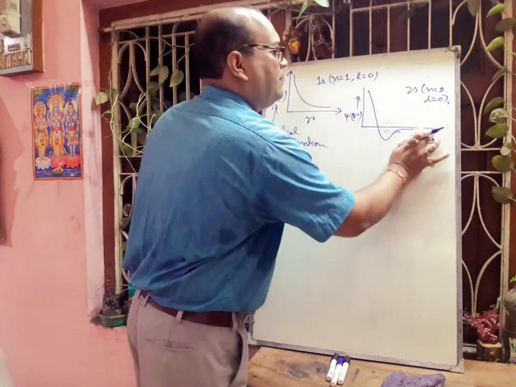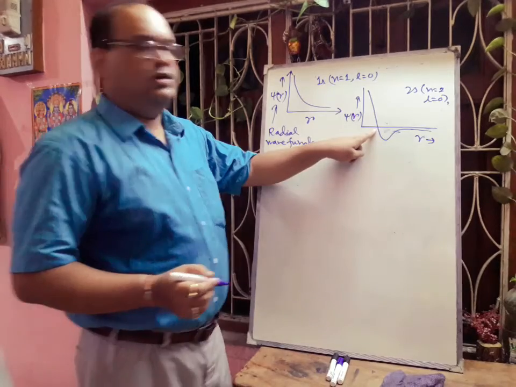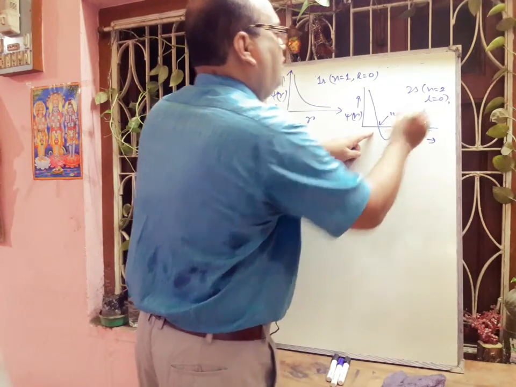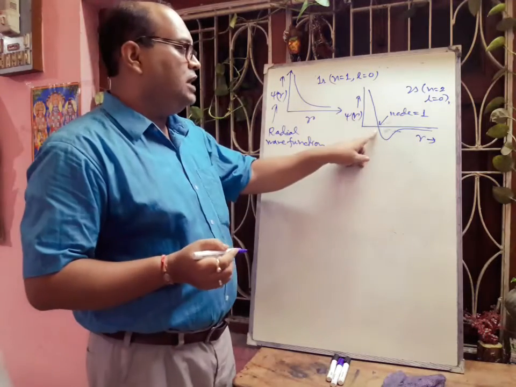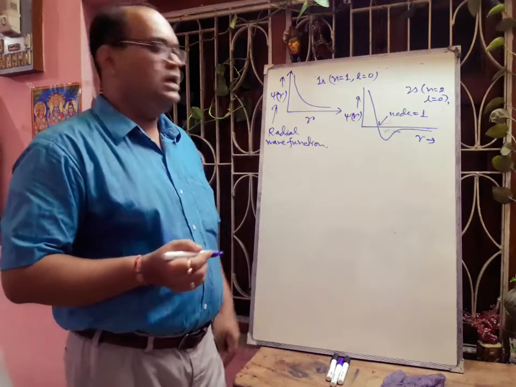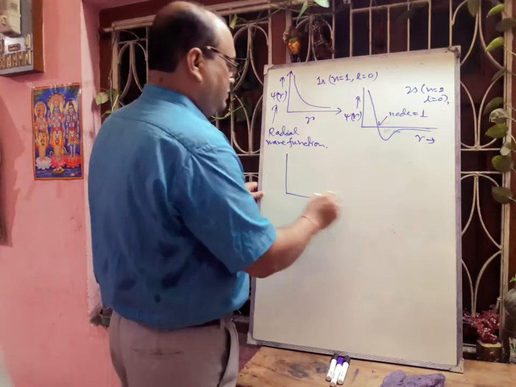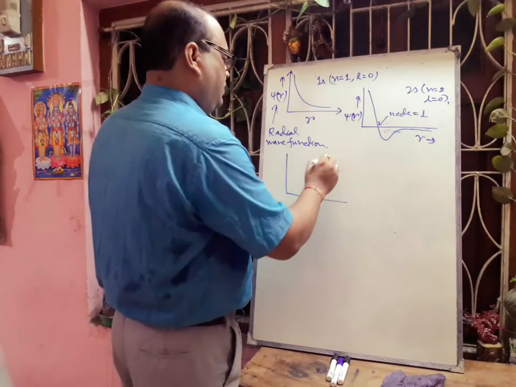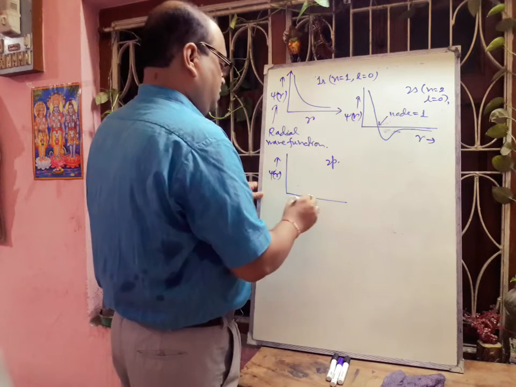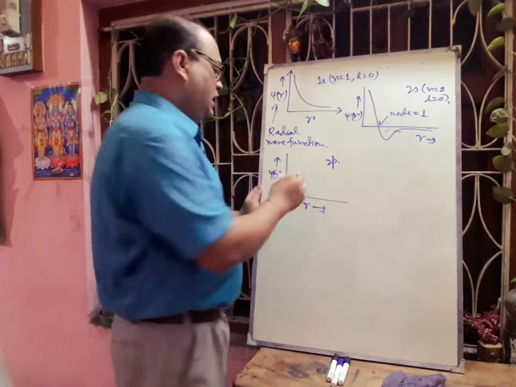That means at this point there is one node, where the probability of finding the electron is 0. Then it goes below, to the negative value of psi r, and again it increases. Understand? Now in case of the 2p orbital, psi r versus r, what will be the type of curve? The curve will be like a hump.